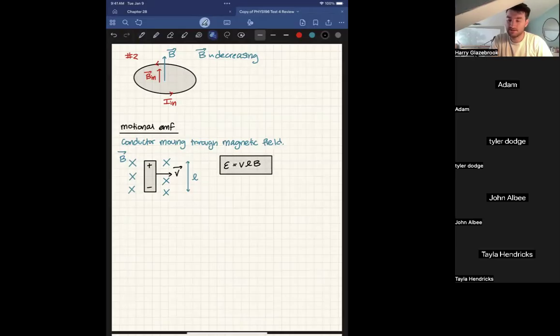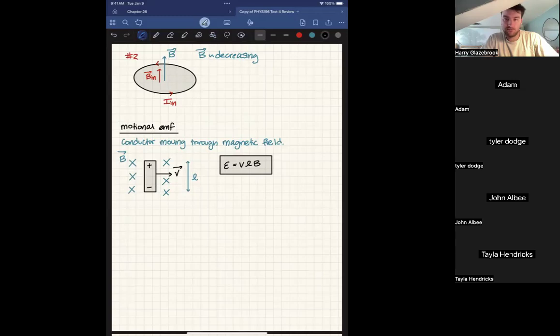So again, this is a very special case of induction. If you ever see a conductor moving in a magnetic field, you know it has an induced EMF, equal to the speed multiplied by the length of the conductor multiplied by the magnetic field.